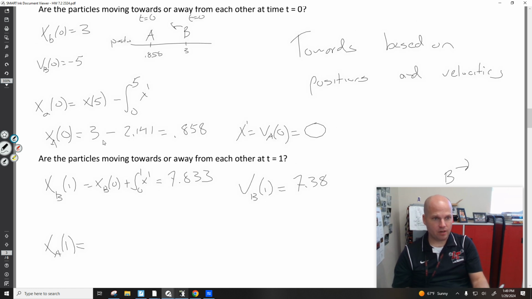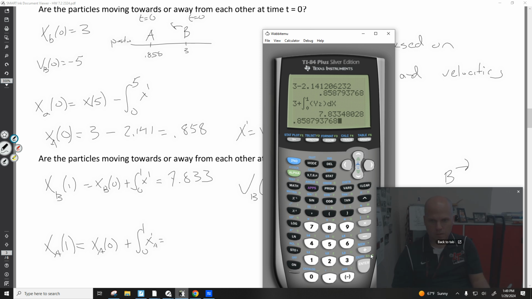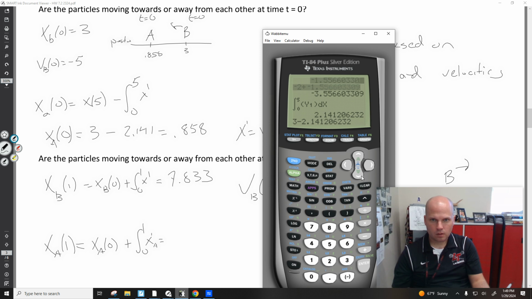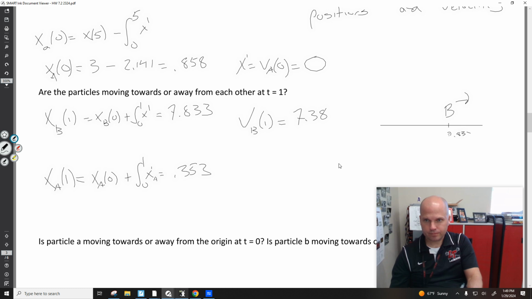I already know A at 0, so why don't I find 0 to 1 of that. At 0.858 plus the 0 to 1 of A's equation. .353.